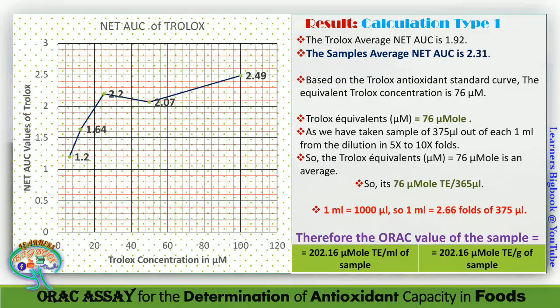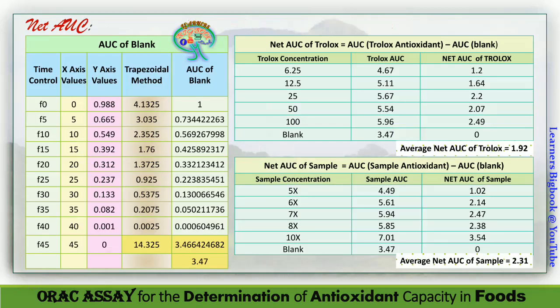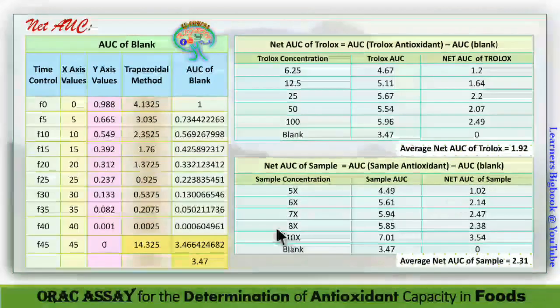So before calculating separately for 10x, 5x, 7x, we are going to consider one understanding here: when we have taken the average, we have collaborated even these folds of concentration into one.